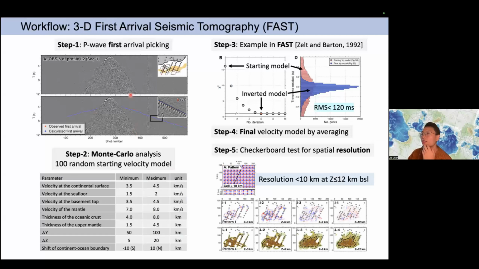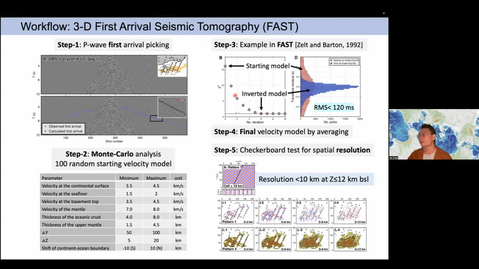Here I go quickly through the workflow. Actually, it's very classic. The first step is to pick the first-arrival P waves like this, and then generate 100 random starting velocity models to do the Monte Carlo analysis. Each starting model is used in the FAST first-arrival seismic tomography software to do the inversion.